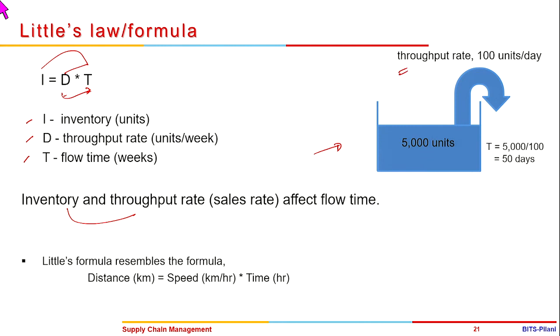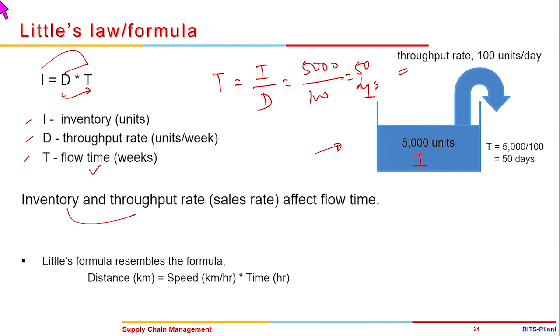So this is called throughput rate, and this is our inventory. We would like to know what the flow time is. Flow time is given by T is equal to I over D, and I in our case is 5,000 and D is 100. So that gives us 50 days.